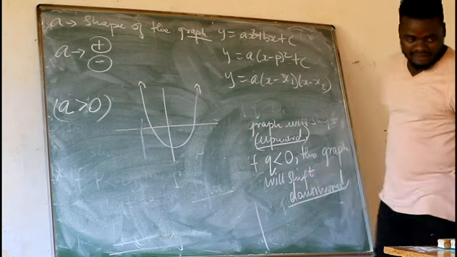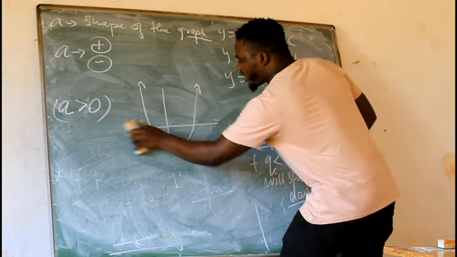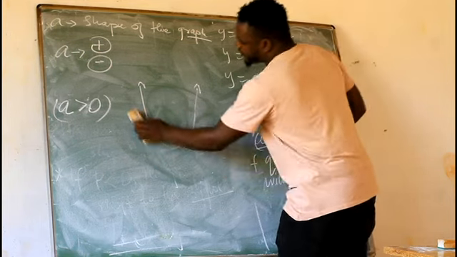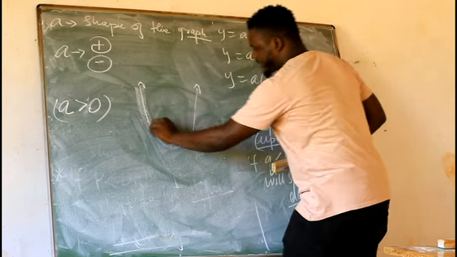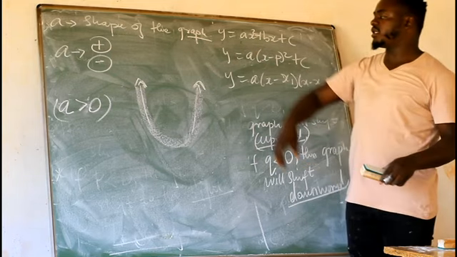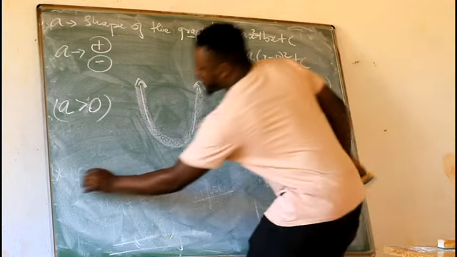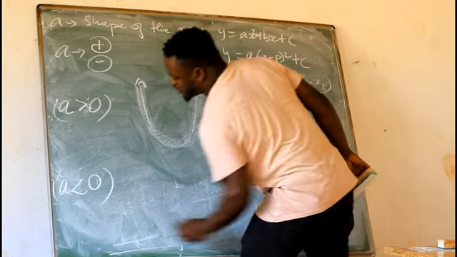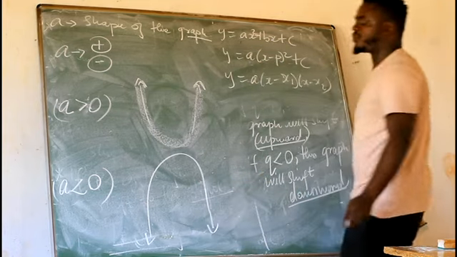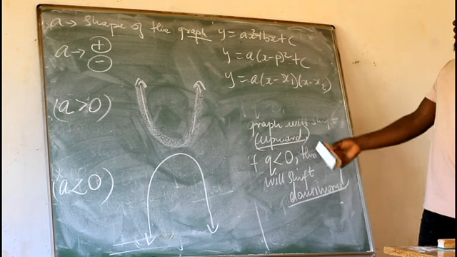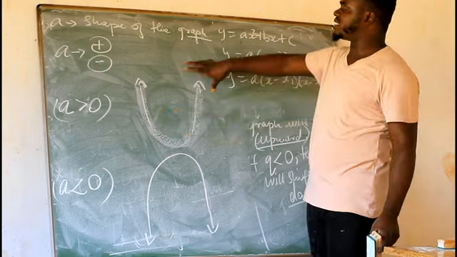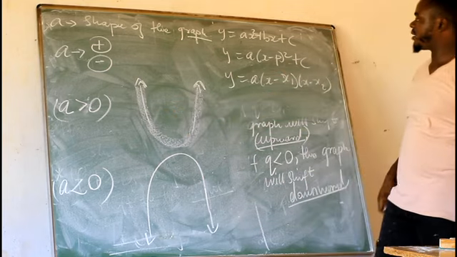That is the shape of the graph when a is greater than 0. When a is less than 0, the shape of that graph is going to be like this, the opposite. But when a is greater than 0, the graph is going to be like that one.